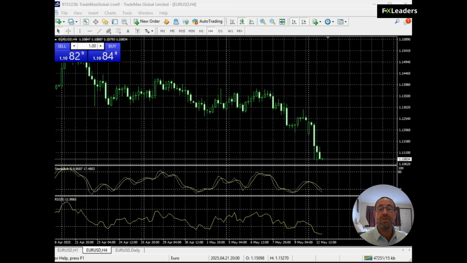So if the euro dollar is trading right now at 110.82, that means 1 euro equals 110.82 US dollars. Simple, right? Now, when you open a trade, you're either buying the base currency and selling the quote currency, or the other way around, selling the base currency and buying the quote currency.